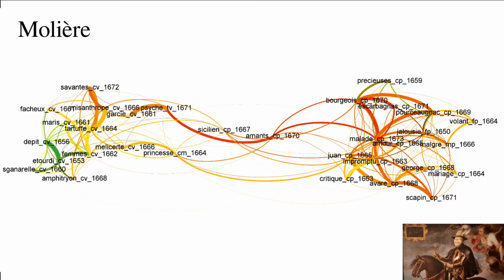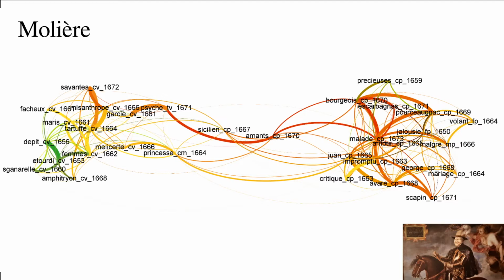Okay, when you do the same thing to somebody like Molière, things change a bit. Well, you can see some chronological evolution here on the left, from green to dirty orange, but then things seem to go horribly wrong. Well, wrong if you absolutely want to see chronology.